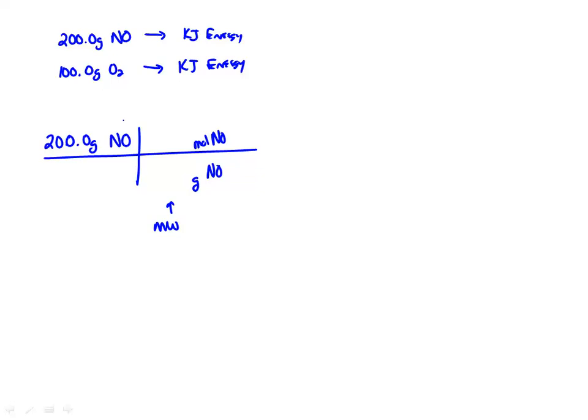Oxygen is 16, nitrogen is 14, close enough for a ballpark guess. So 14 and 16 is 30 grams is 1 mole. And then what's the other thing? If I want to go from moles of NO to kilojoules of energy, I need moles of NO. The idea is that we know the kilojoules of energy because we're given this equation.